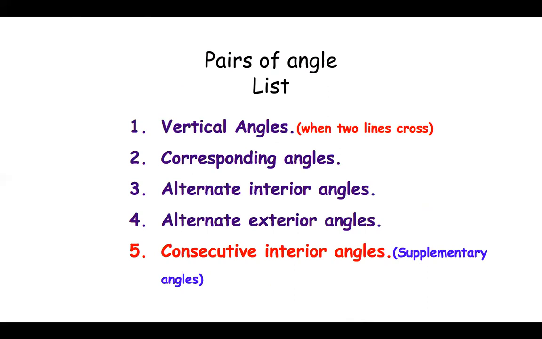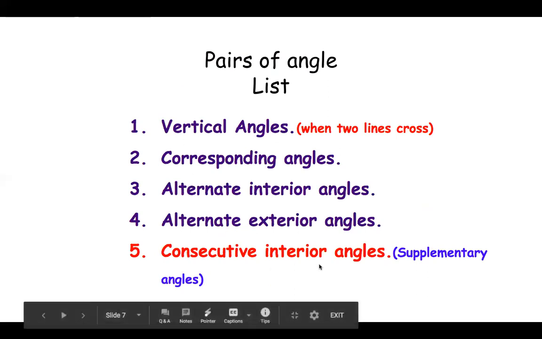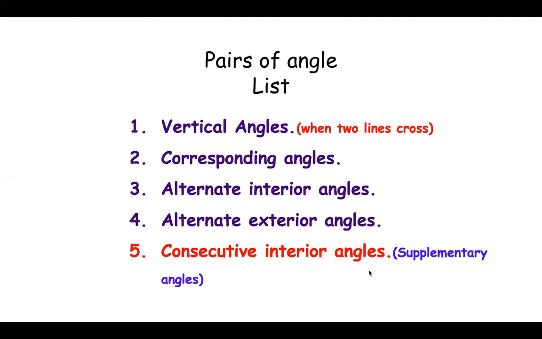We looked into it in a previous video. If you have two angles and you add them, they add up to 180 degrees. So consecutive angles are not congruent, but when you combine those two angles, they form a straight line, or 180 degrees. All right.